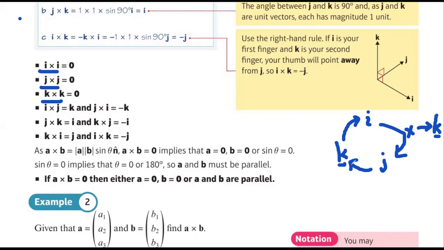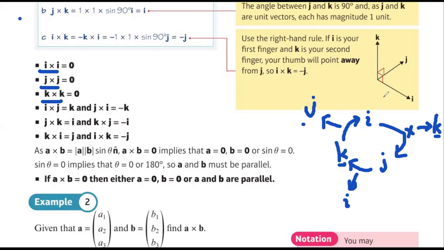If you use the reverse method, j cross I means opposite to the original method. I, j, k is the order. But if you use j cross I, it means opposite to that order. Therefore, you can find it is minus. j cross k equals the other vector I. Also k cross I equals j.